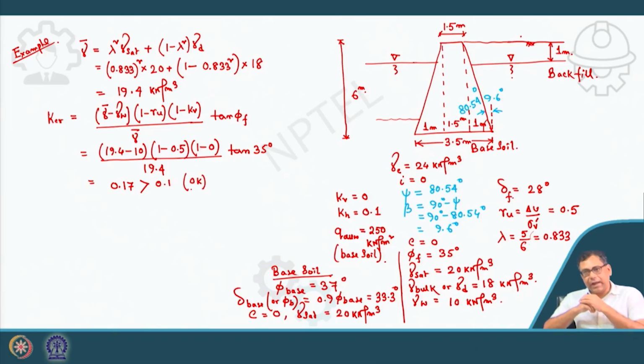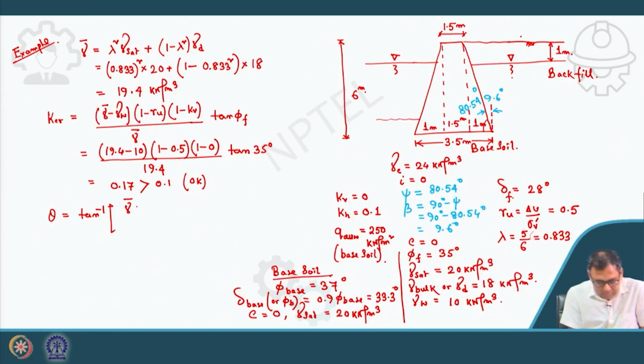That means we can apply the 0.1 Kh value because our critical Kh is 0.17. We cannot provide a Kh more than 0.17, but it is less than that, so it is okay. Now, what is the value of theta? Theta will be tan inverse of gamma bar into Kh divided by gamma bar minus gamma W, 1 minus Ru, 1 minus Kv.